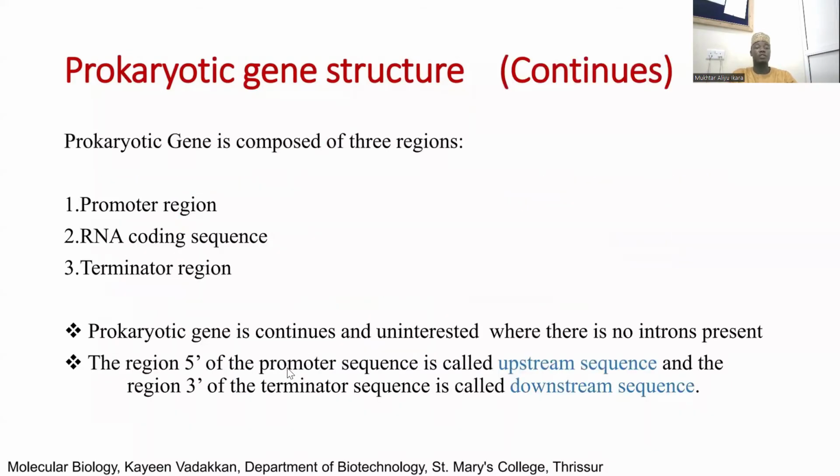So the next thing is the components of this prokaryotic gene. As I explained, we have the promoter region, the RNA coding sequence, and the terminator region. The prokaryotic gene is continuous and uninterrupted, where there is no intron.